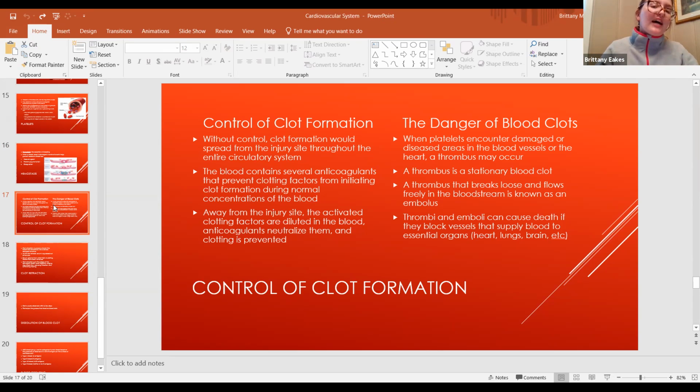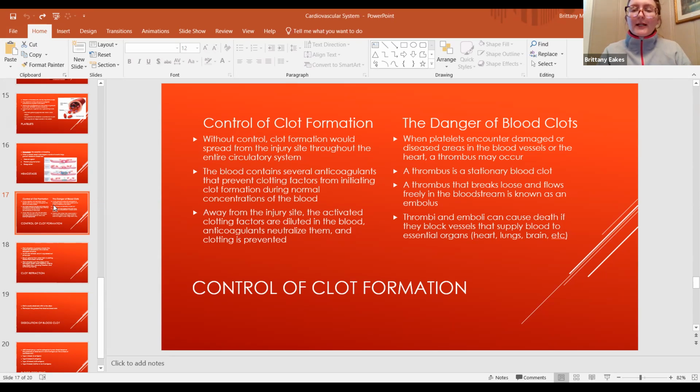So you only want to have blood clots in that injury site or that infection site. And then away from that, the clotting factors are so diluted in the volume of blood that the anticoagulants neutralize them. And if I slice my arm off up here, I need all of my blood clotting factors to be here, not in this hand. So that's how the body controls that.